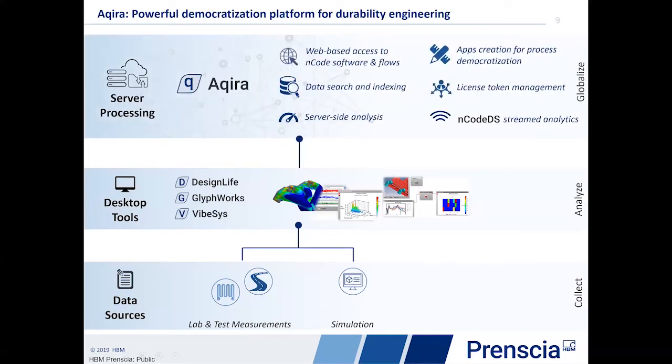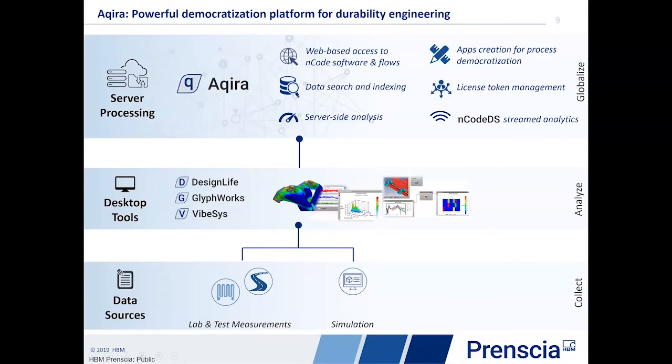The other possibility here is Akira. Here we're talking about server-side software with web access. The nice thing about Akira is you can easily create apps, which means you can hide the complexity of a GlyphWorks or DesignLife workflow with all those pipes, options and properties. You can hide all this.